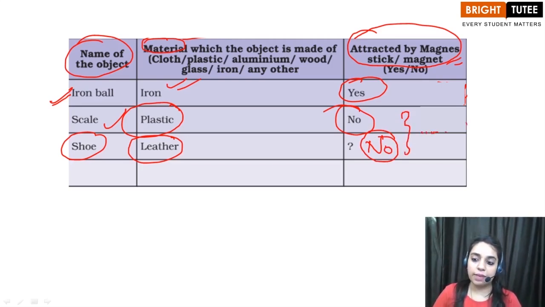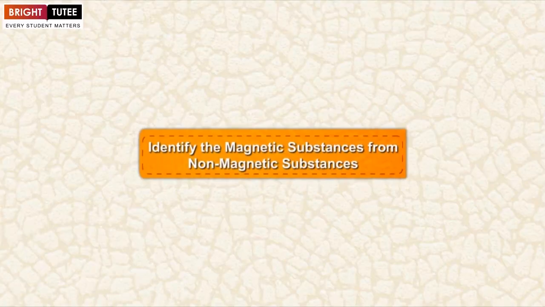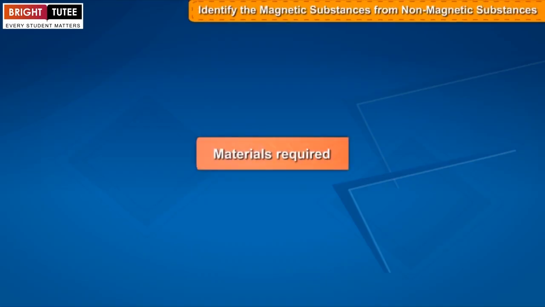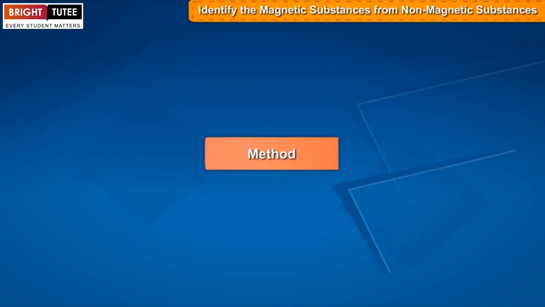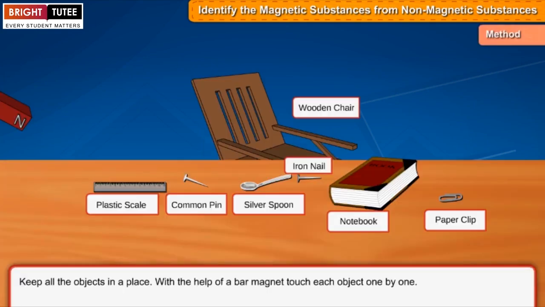So children, in this way you can test as many objects or materials as you want, and you will find out which materials are magnetic and which are non-magnetic. Okay. Identify the magnetic substances from non-magnetic substances. Materials required: iron nail, bar magnet, silver spoon, paper clip, wooden chair, notebook, plastic scale, common pin. Method: keep all the objects in a place.